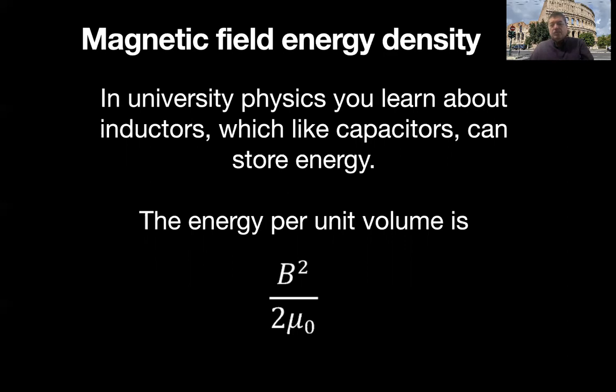Mu naught is 4 pi times 10 to the minus 7 in MKS units. So 1 Tesla actually is a lot of energy per unit volume. A Tesla is a very large unit of magnetic field, and on the surface of the Earth the magnetic field is much, much smaller than a Tesla. So, a Tesla is a big unit.